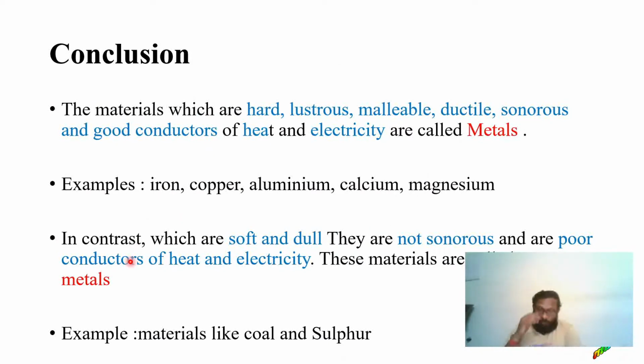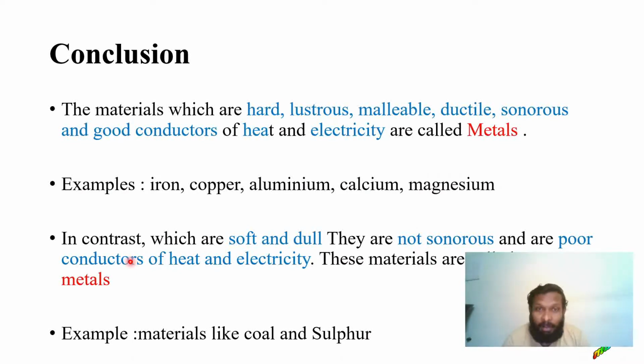So, conclusions. From this discussion, materials which are hard, lustrous, malleable, ductile, and sonorous, and which are good conductors of heat and electricity, are considered metals. Examples of metals, as we already discussed, are iron, copper, aluminum, calcium, and magnesium.